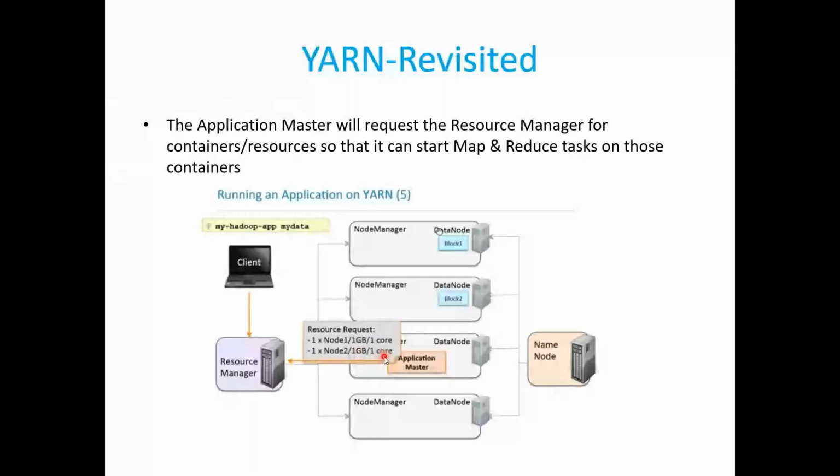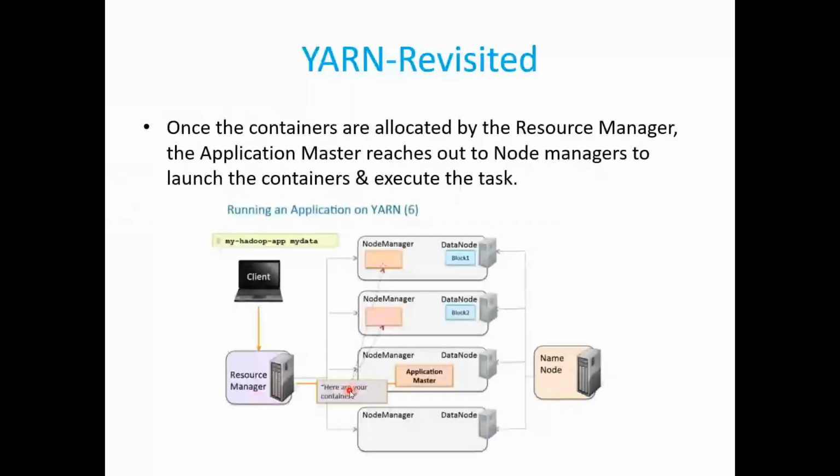As a response to that, the resource manager says, okay, whatever containers are required for you, all those are granted or allocated for you. Once the containers are allocated by the resource manager, the application master reaches out to the node managers to launch the containers and executes those tasks. So within those containers, the map task and reduce task will actually process your data.